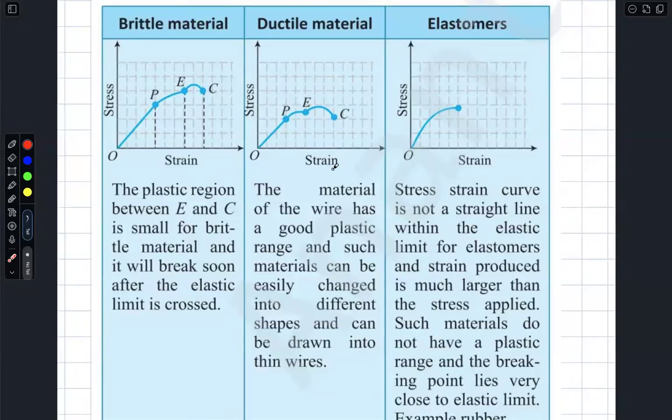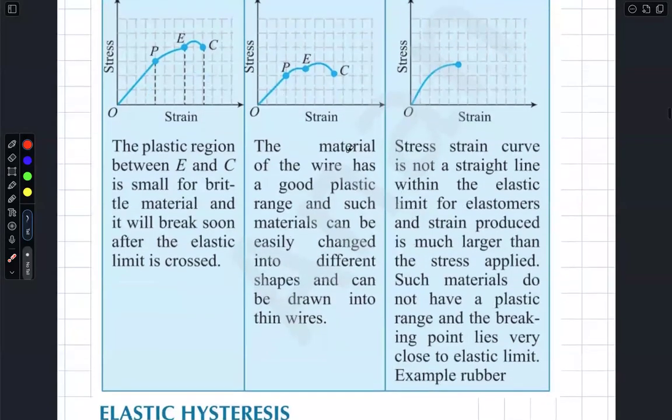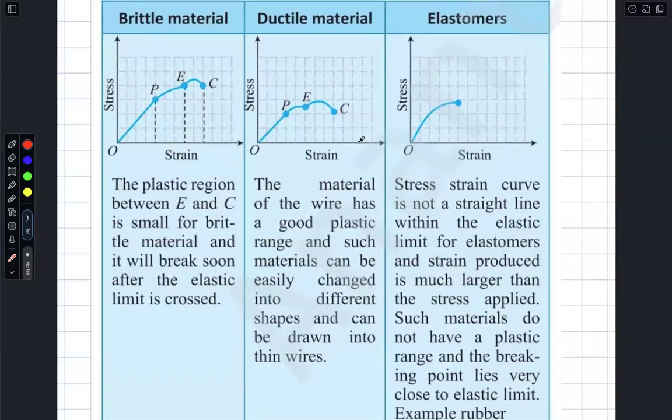That is the reason why gold ornaments and silver ornaments can be made in different shapes, because of this feature only. And there is another kind of material, called elastomers. The first identity of elastomers is that the stress versus strain graph is not a straight line, it is a bit curved. And the strain produced is much larger than the stress applied.